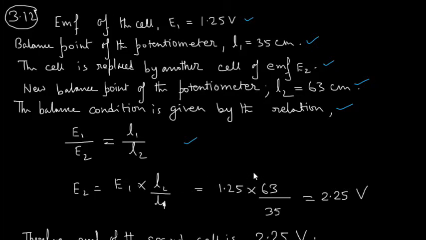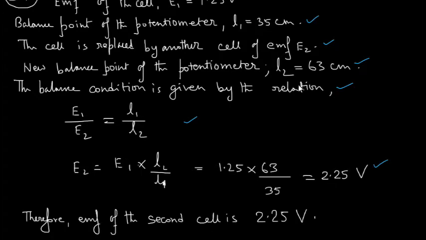Putting the values of E1, L2 and L1 as 1.25 into 63 upon 35, we get 2.25 volt. Therefore, EMF of the second cell is 2.25 volt. Next question.